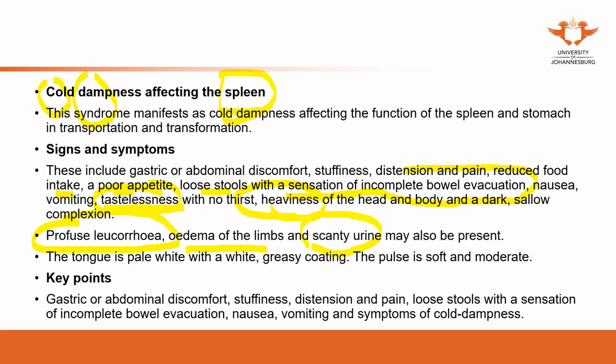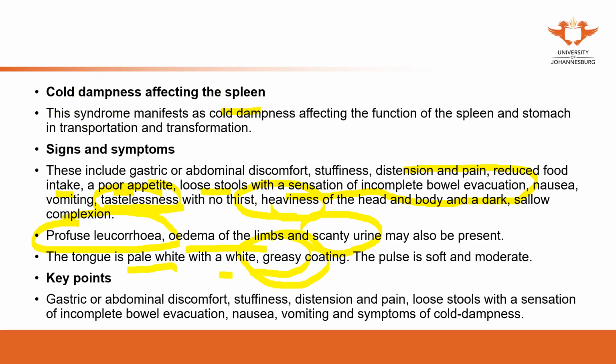Scanty urine, that's because the spleen's transportation function is affected, and the dysfunction of the water metabolism will result in scanty urine. Pale tongue, white greasy coating, dampness or phlegm.